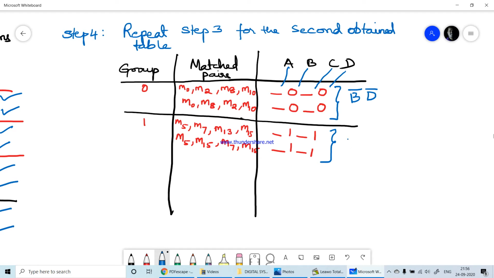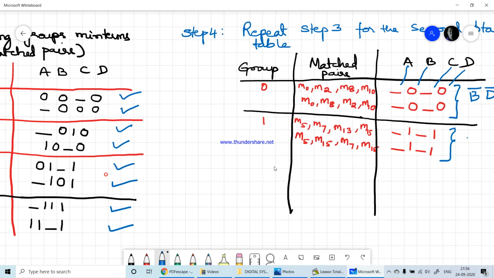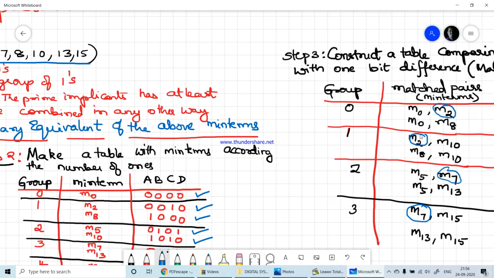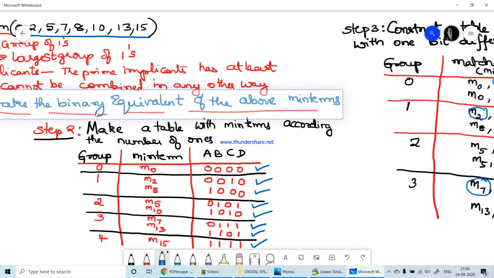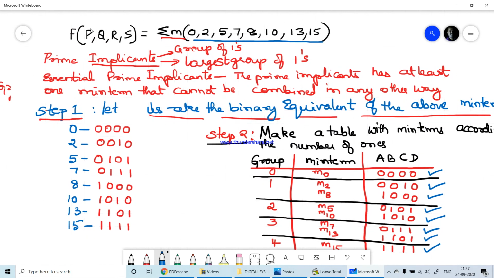Sorry, we have taken PQRS, right? Okay, I will change it in the question itself because everywhere I have taken ABCD. This is a habit, we always take ABCD for everything. Anyway, there's nothing wrong in having any nomenclature for variables.